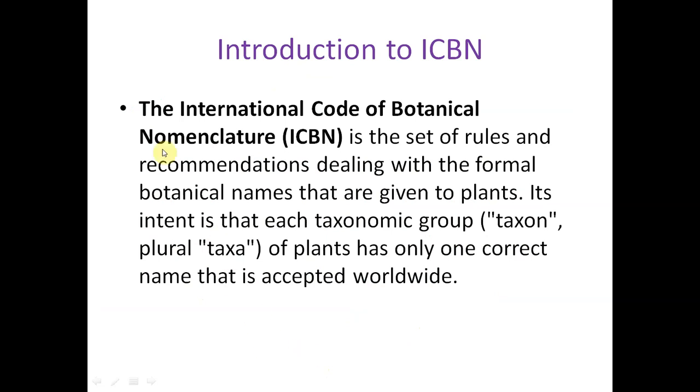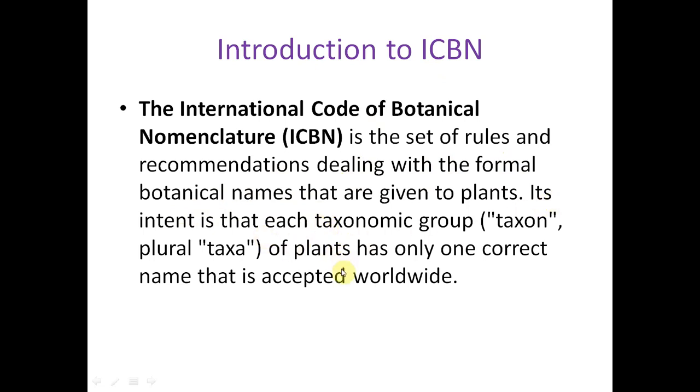So now we come to the introduction to the International Code of Botanical Nomenclature, that is ICBN. ICBN is a set of rules and recommendations dealing with the formal botanical names that are given to plants.